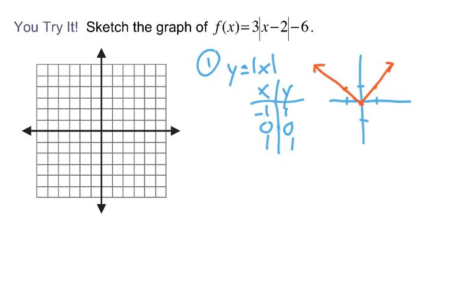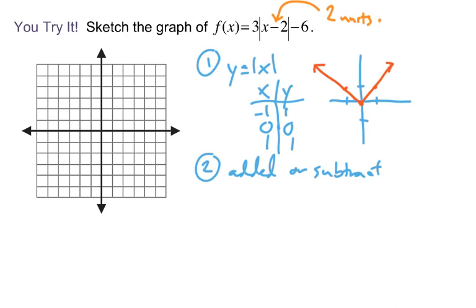Now let's look at some of the other numbers that are involved in the transformation. Look at the numbers added or subtracted and see what they do. So I see inside the function an x minus 2. That is going to tell me that I'm going to shift 2 units to the right, because it's opposite again.